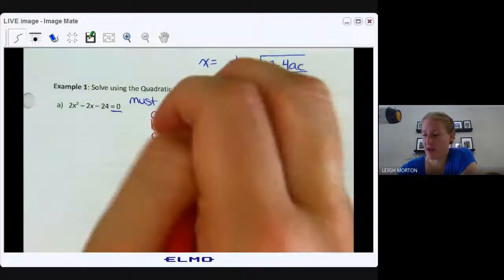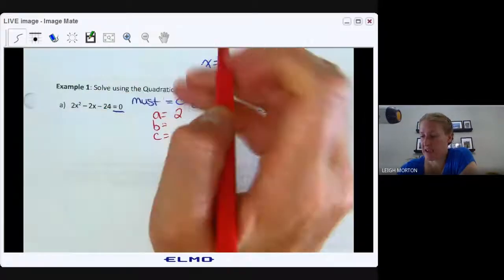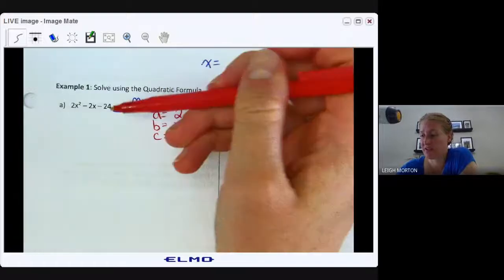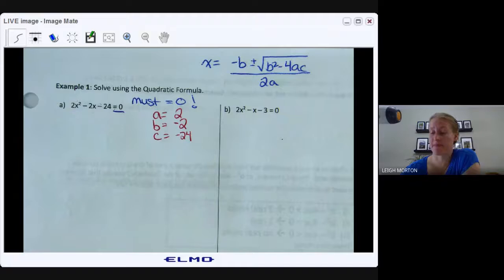Great, thanks, Kendra. So our A value is 2, our B value is -2, and our C value is -24. And the signs are very, very important, guys, so don't leave them out.